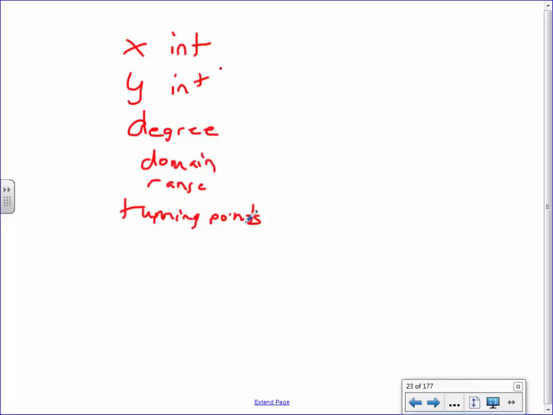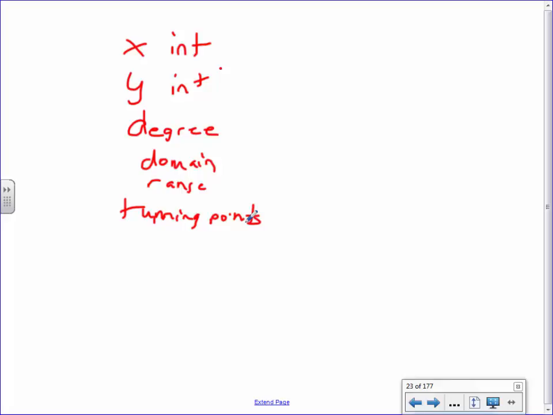So if I were to go back to this example I have written on the board here, on the whiteboard, what I'm going to want you guys to be able to find is, say, my x-intercept on this one was at 0.33, 0. My y-intercept was at 0, 1. My degree, what's the degree of that guy? 1.